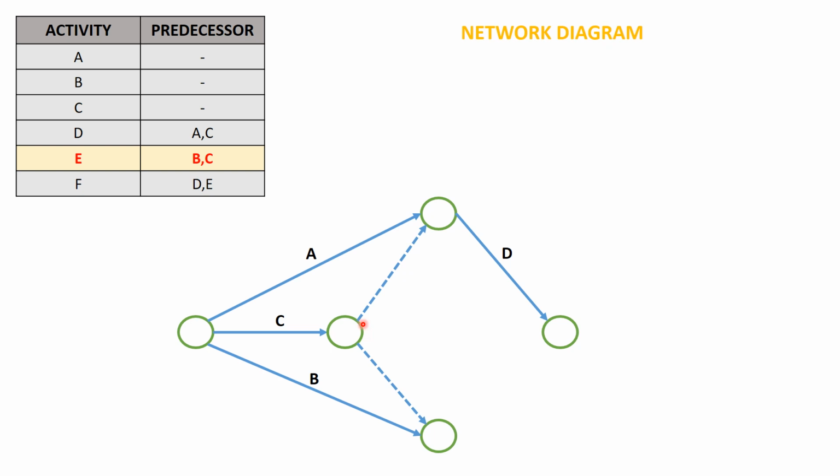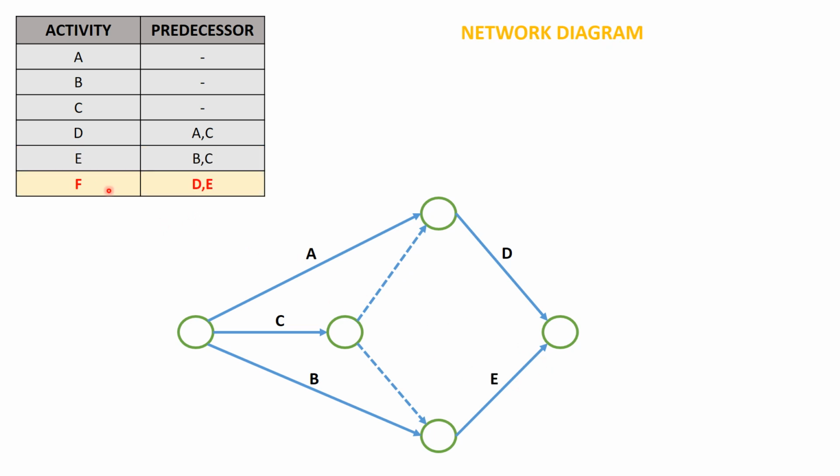Now you can see I have 2 dummies, right? I have 2 dummies through activity C. Now what is happening at this node at the bottom, right? I have activity B and I have activity C that is coming over. So now I can draw activity E, right? So I have activity E.